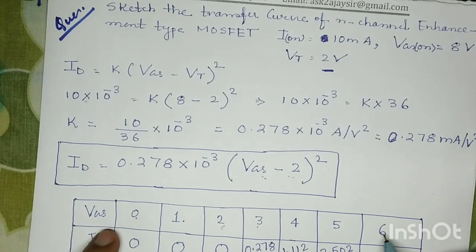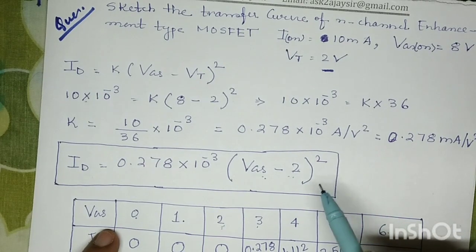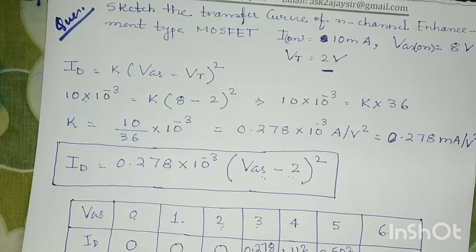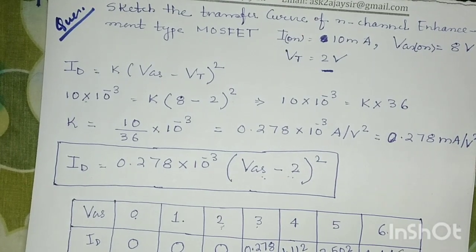And when you substitute VGS equals 6, 6 minus 2 is 4, square of it is 16, 16 into 0.278 becomes 4.448 milliampere.